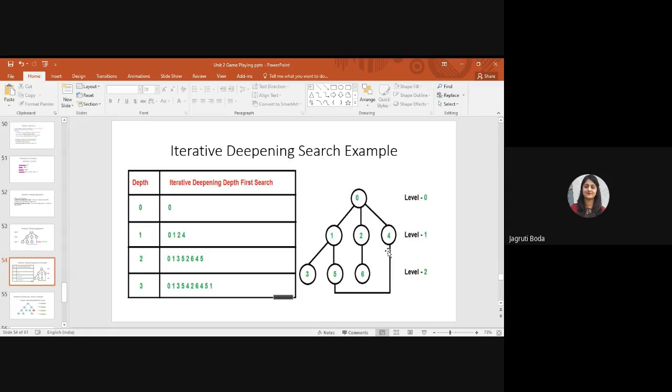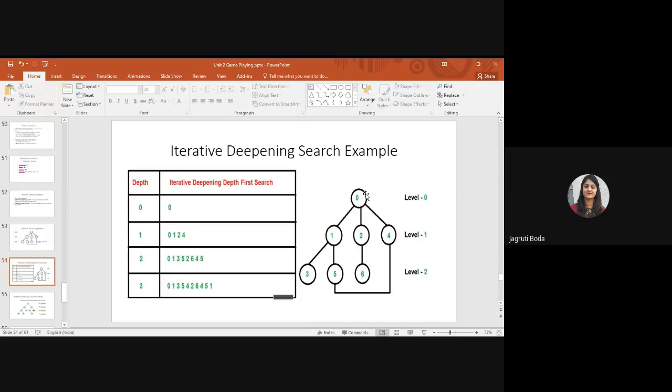Now at level 3, due to this limitation, I did not add this node's child. So you can see here there is also one child. So at level 3: 0, 1, 2, 4. So first of all, starting with node 0.